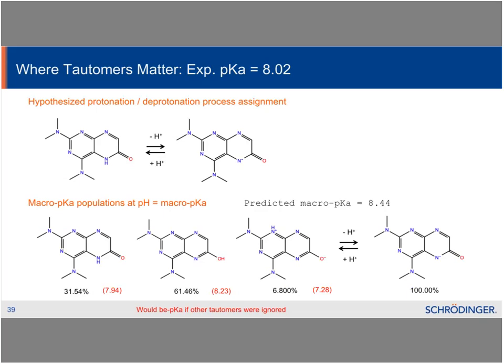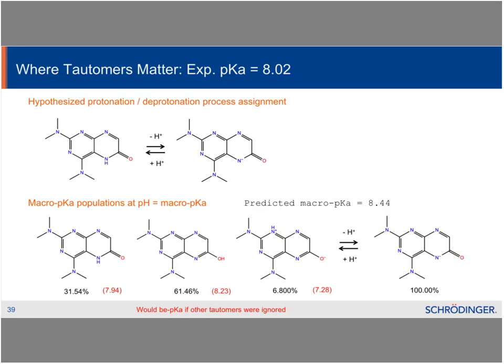So do tautomers matter? Here is an example where the tautomers actually don't matter that much. Look at this molecule. It looks fairly complicated. We thought that the original tautomer of it was this one shown on the left. If we modeled this tautomer by hand, the pKa that Jaguar pKa would predict for it would be 7.94. But when we plug this molecule into macro-pKa, it said that this was not a dominant tautomer, according to our solvation model, of course.